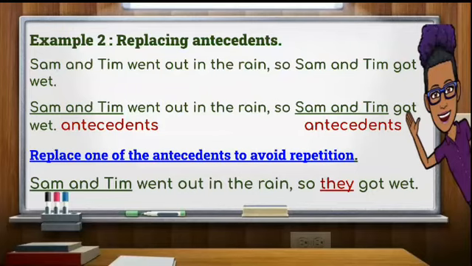So we are going to replace one of the antecedents to avoid repetition. Sam and Tim went out in the rain, so they got wet. So we replace the second antecedent in the sentence.